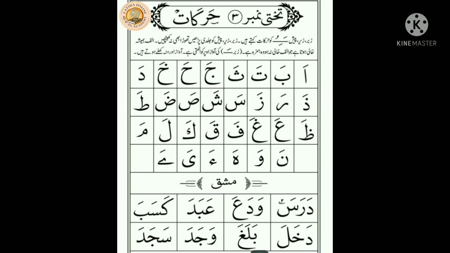Ba zabar ba, lam zabar la, bala, ghain zabar gha, balagha.